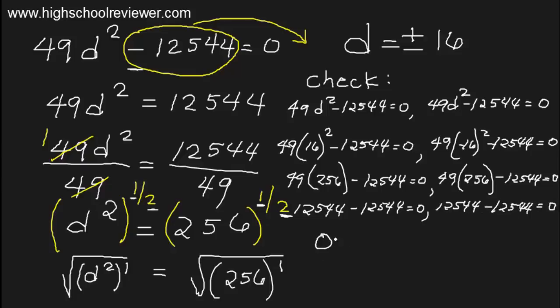So this is 0 equals 0. So therefore, our values for x, which is positive 16 and negative 16, are correct. Solving quadratic equation by extracting square roots.